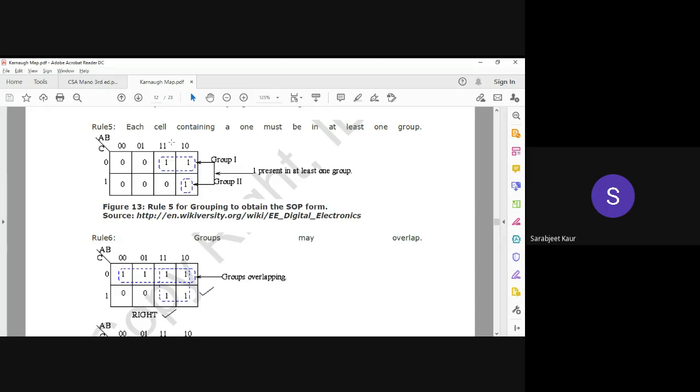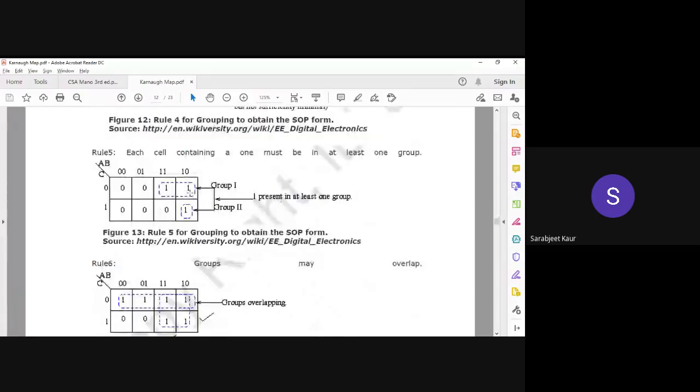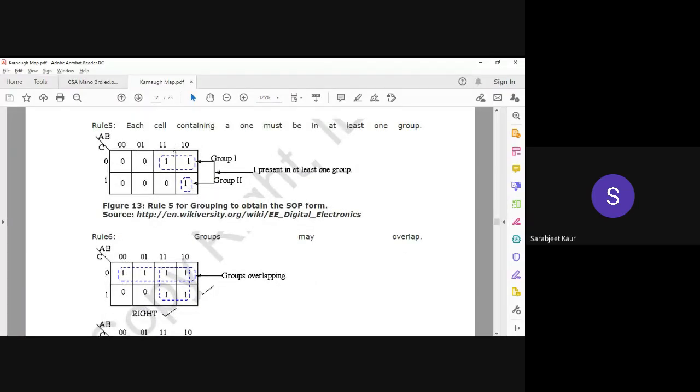Although they are grouping these 2 together and this one singly, this can be grouped with this one, as I explained in the previous step, using overlapping. So what we should ideally have done is make one group of these 2 ones, and then another group of these 2 ones. Is this okay? Yes, ma'am. Not even a single one can be left out.